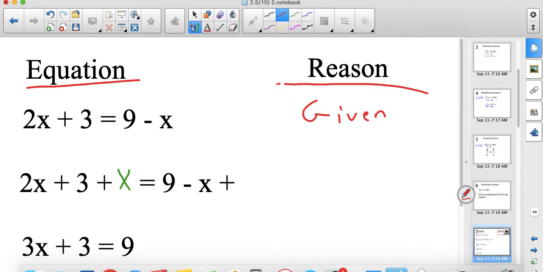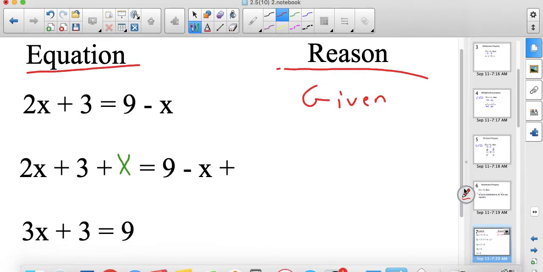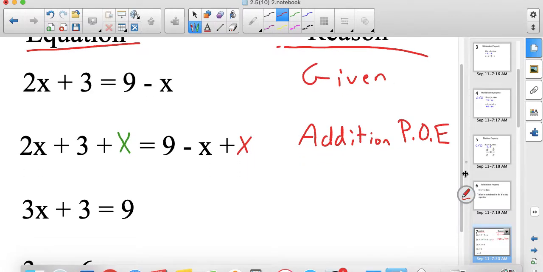Now, our first step is that we are going to add x to each side. We always move all of our x's to one side or the other. So if you add x to the left-hand side, we have to add x to the right-hand side. That property is known as your addition property of inequality. Now, I put this in here because this is the only time I'm going to make you do this.